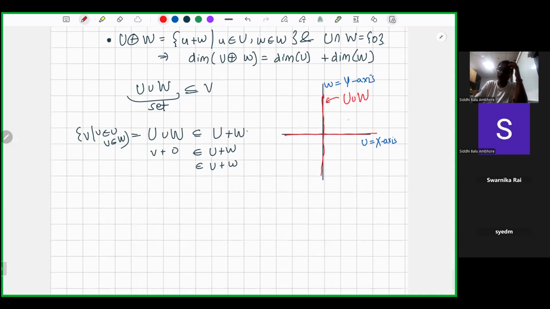But if I want to take the whole U plus W, then this is the entire R2. It contains everything. U plus W is the whole R2. So U plus W is something bigger.